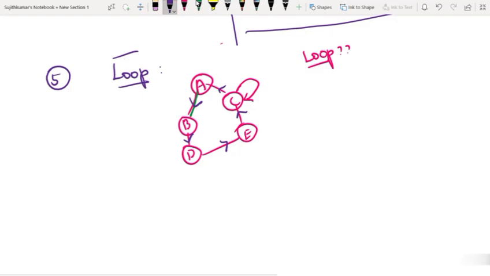Let me consider this green edge. The starting point is A and the ending point is B for this particular edge.